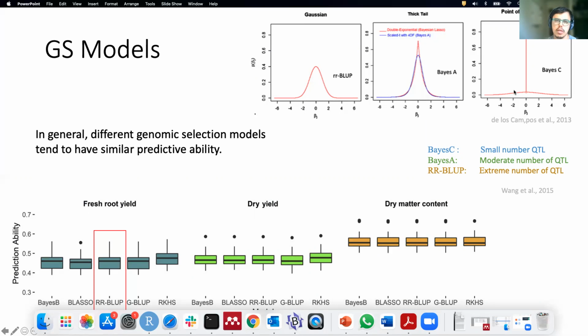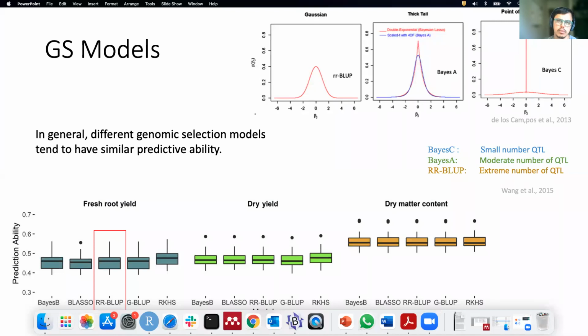If you use different Bayesian models, are the prior assumptions about the distribution of the effect of the markers different or not in the outcome of the predictions that you are interested in? There is not a clear answer for that. All the papers try to test different models.